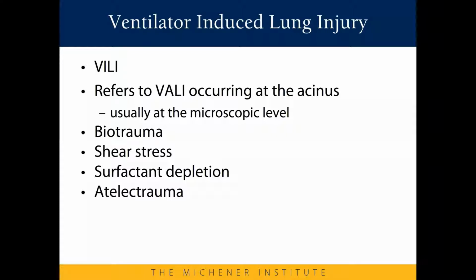So we're talking about our respiratory bronchioles, our alveolar ducts, and our alveoli. So it's usually at a microscopic level. And so the injuries that are common from VILI are different biotraumas, which we'll discuss in further detail, as well as shear stress, surfactant depletion, and atelectatic trauma.